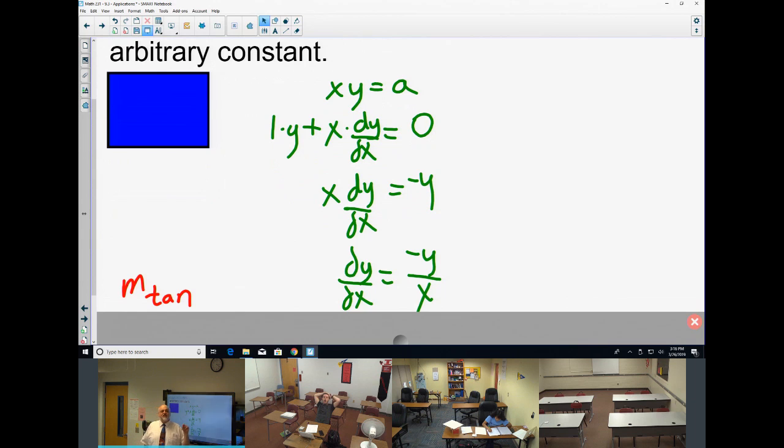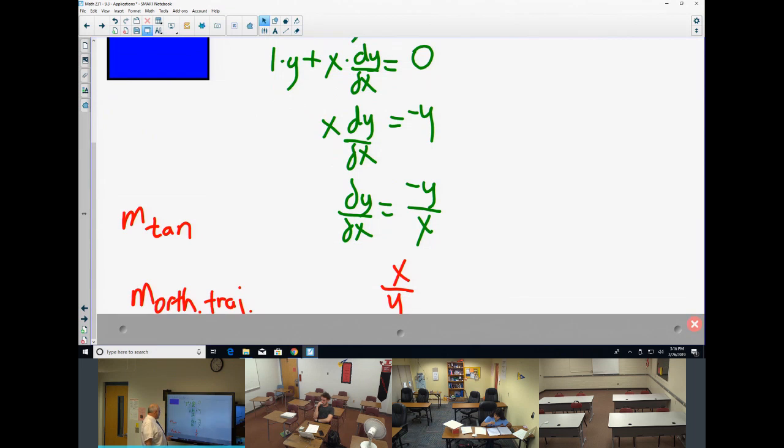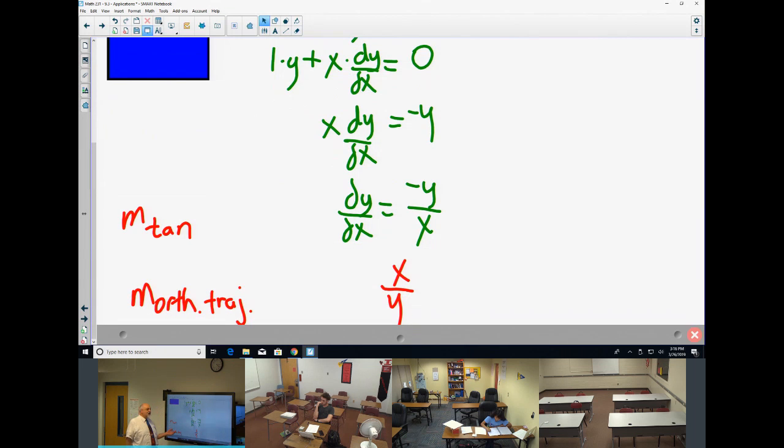So what would be the slope of lines that are perpendicular to that? Positive x over y. So that's the answer. Those are the slopes of the orthogonal trajectories or orthogonal projections.